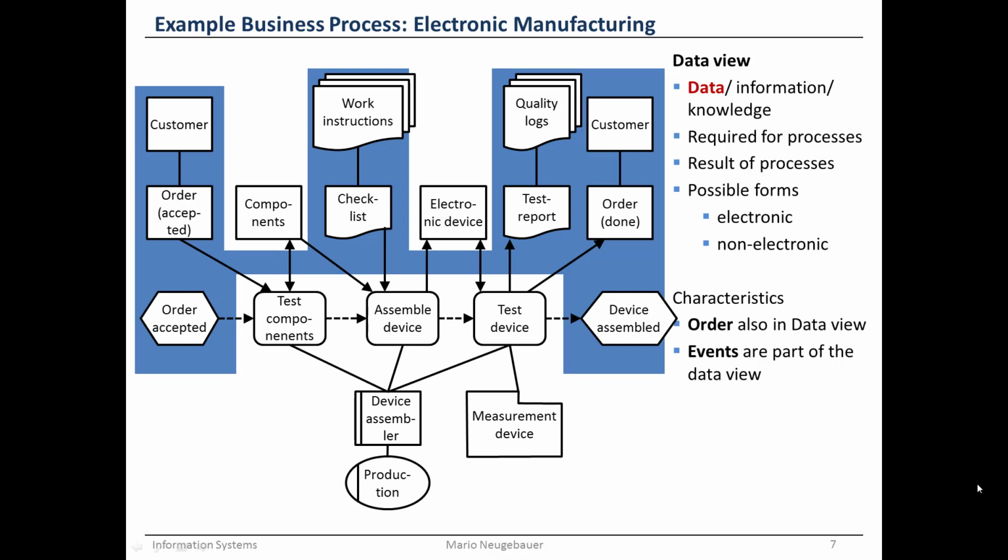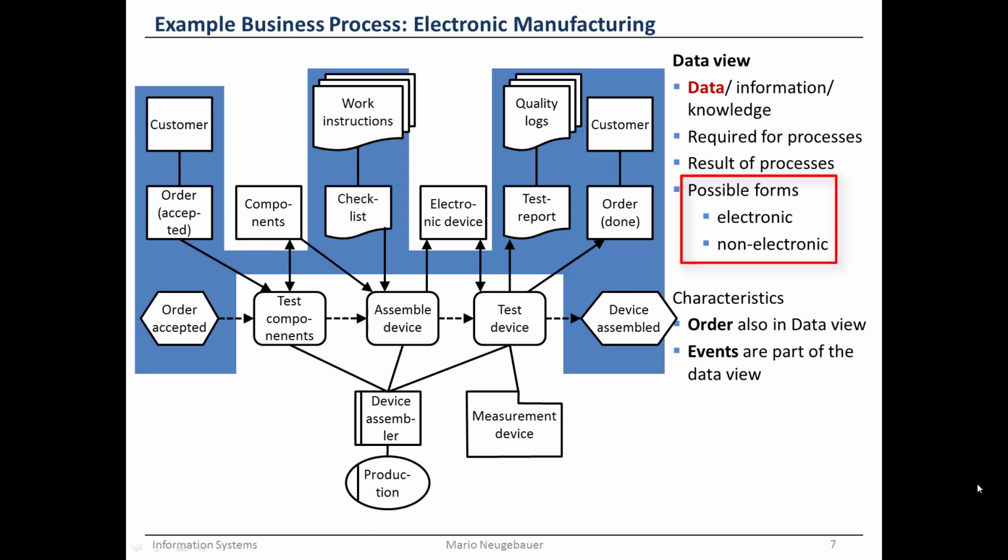What you can see here is that, for example, the customer, the order, if it's accepted or if it's done already, then the order is important. You have work instructions, you have checklists for the process steps. These are information. These are written on paper, of course, or maybe printed to paper, but basically contain information.